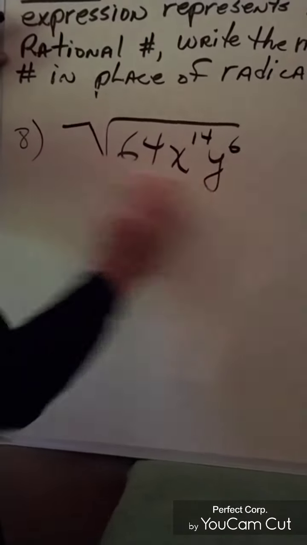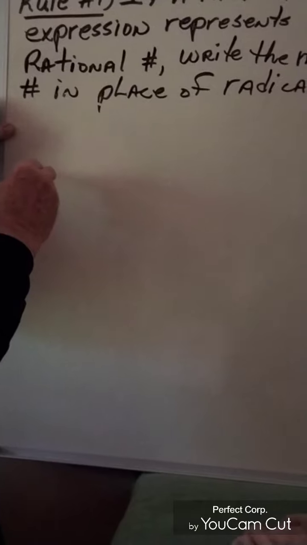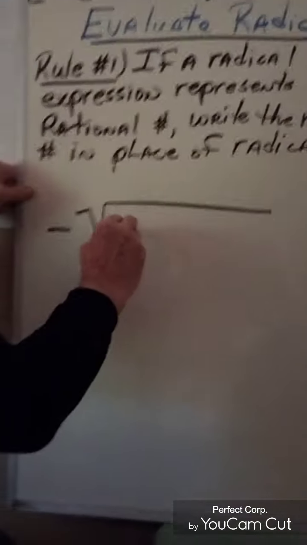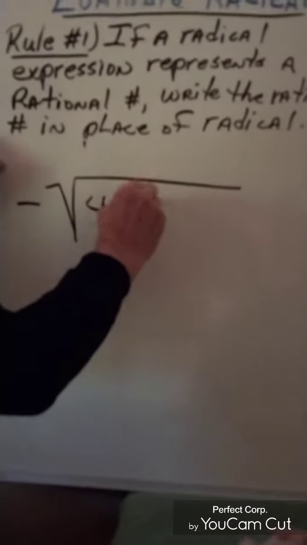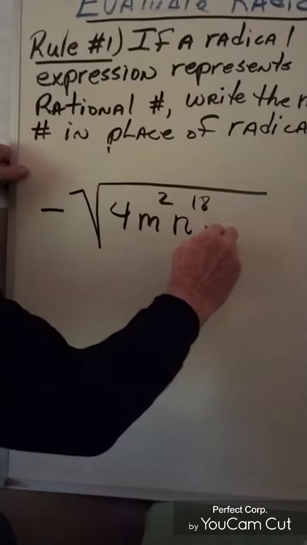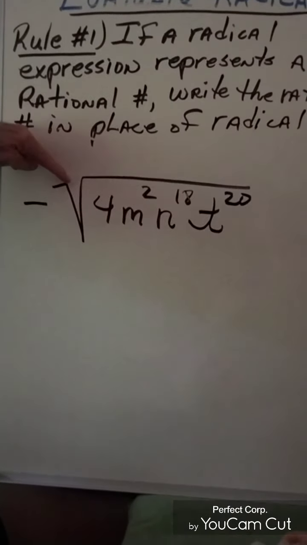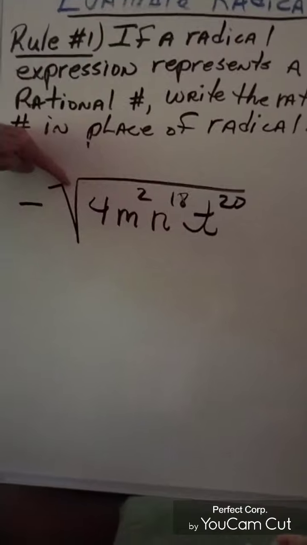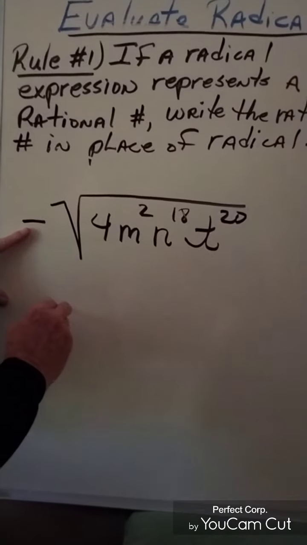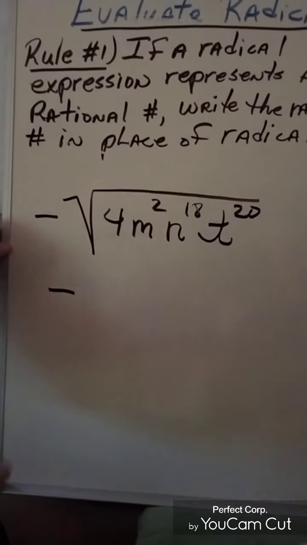All right. One more similar to that, just so that you have it. I'm going to put a negative sign there on the outside. The radical of 4, m squared, n to the 18th, t to the 20th. Look at your index. It's even. It's 2. Bring him down. The radical of 4, 2.